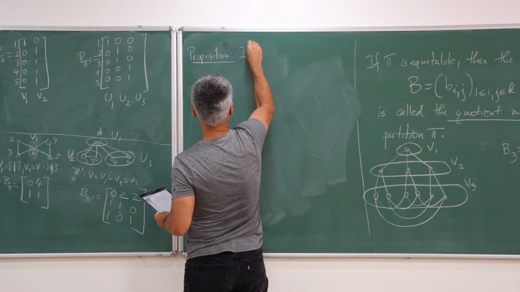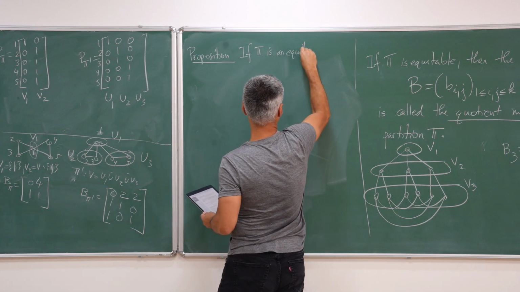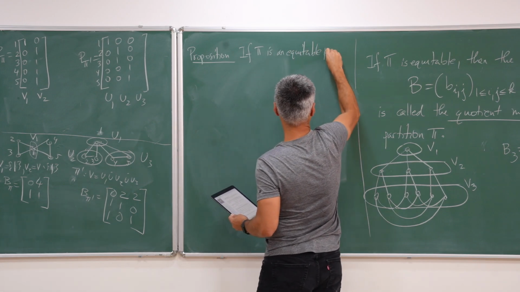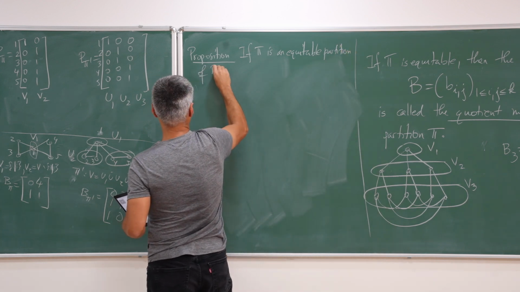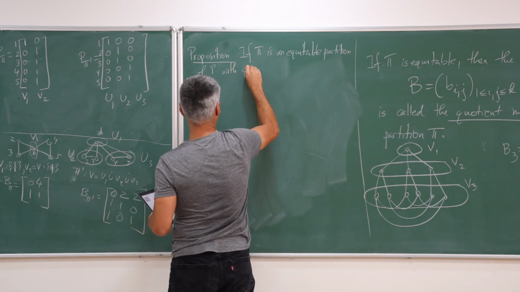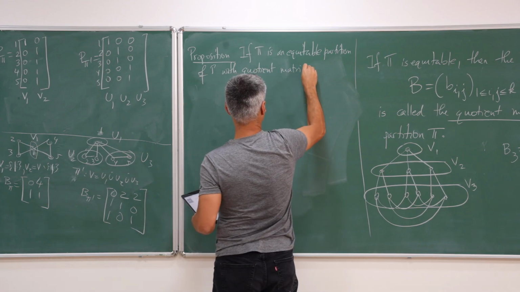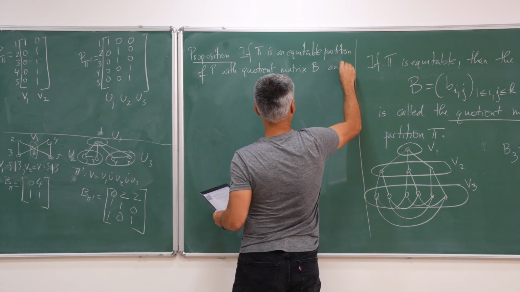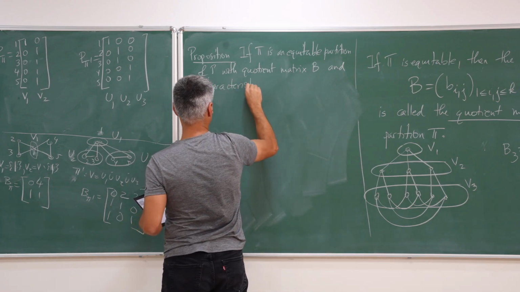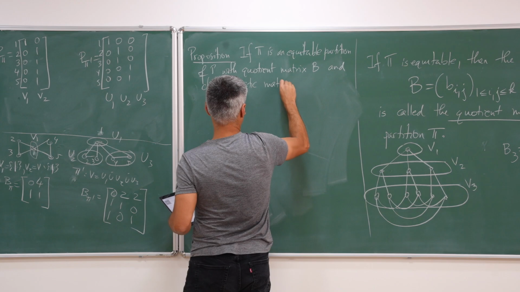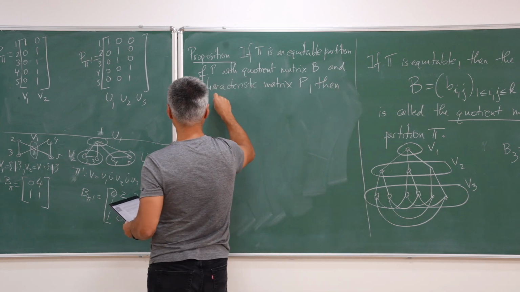If pi is an equitable partition of gamma with quotient matrix B and characteristic matrix P, then two things will happen.